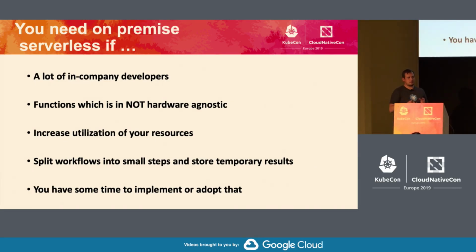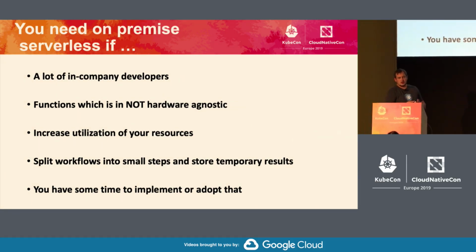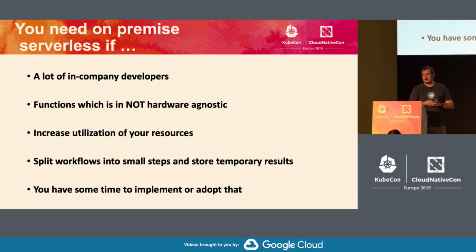And it is quite easy to support small pieces of data science code rather than to have a mesh of everything. And of course, you should have time to implement everything, because right now I have no idea which frameworks are supported out of the box. But I hope to upstream what I did to OpenWhisk, and hope it will be available for everybody. Thank you very much. If you have any questions.